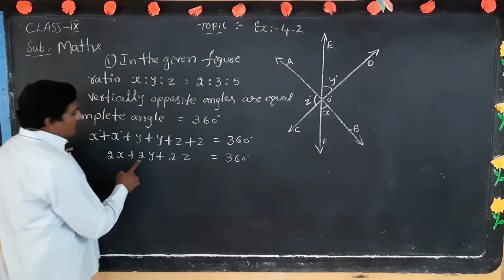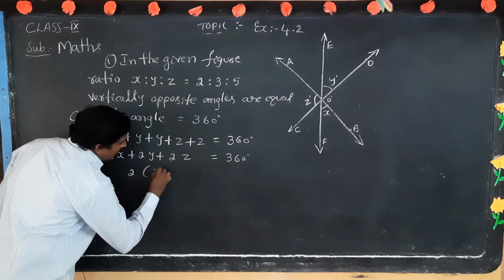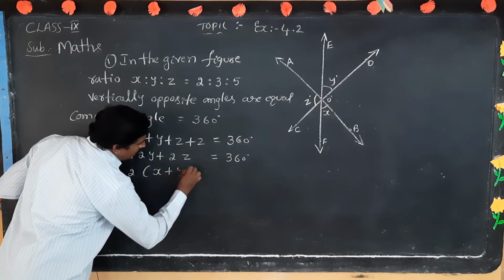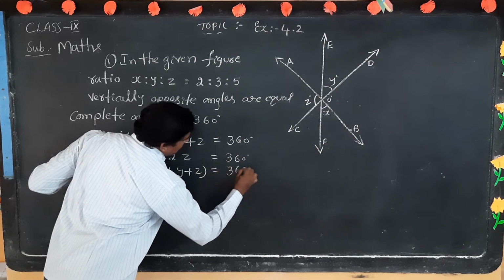Here we take 2 common: 2 of x plus y plus z is equal to 360 degrees.